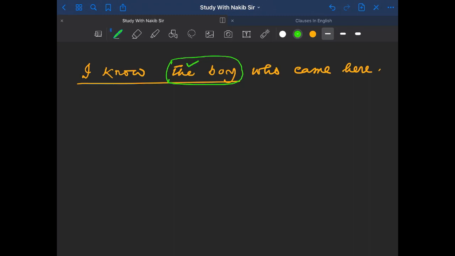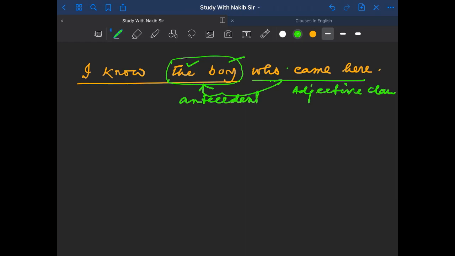So I know the boy. Which boy? The second part, the clause, is the answer to this. So this second part, who came here, is the answer to this part, boy. This is called antecedent. This is the answer. So this is the definition of this noun. This is defining the noun. For this it is an adjective clause, and this is antecedent, you know. Antecedent means the noun that is placed before the adjective clause.